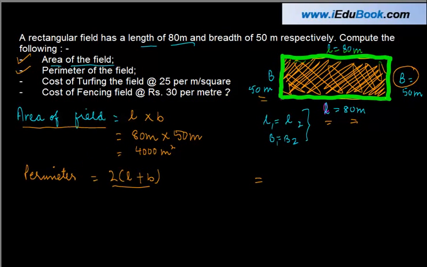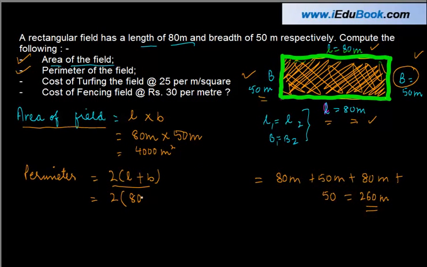Because once you understand that this perimeter refers to this light green portion, the length of this portion, you can easily add up all the four sides, which is nothing but your length, the breadth, another length, the breadth, right? This gives you 260 meters, right? Even if you do it this way, 2 times length, how much is the length? 80 meters.